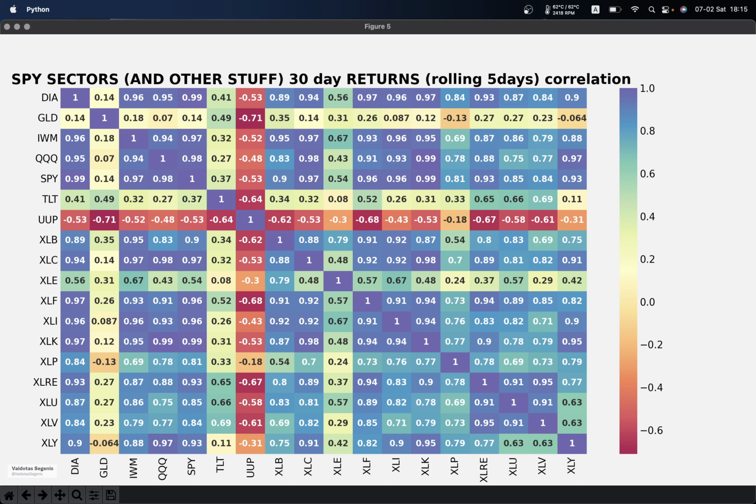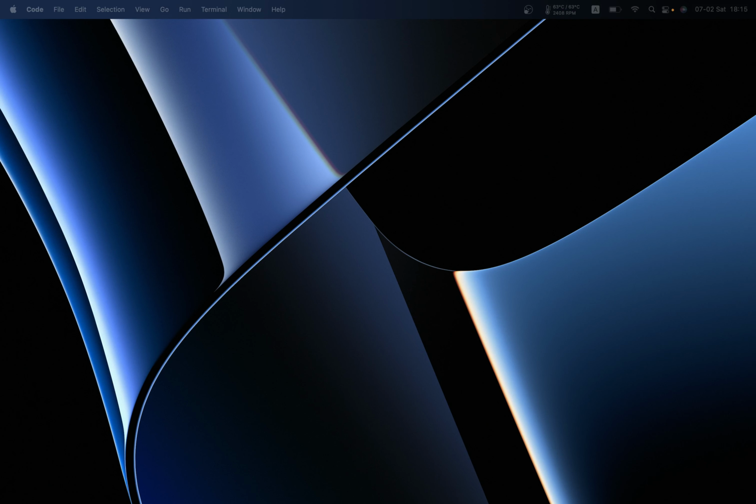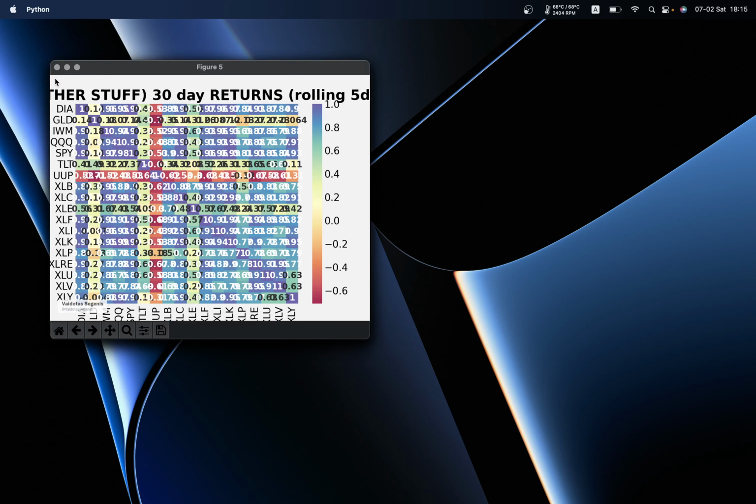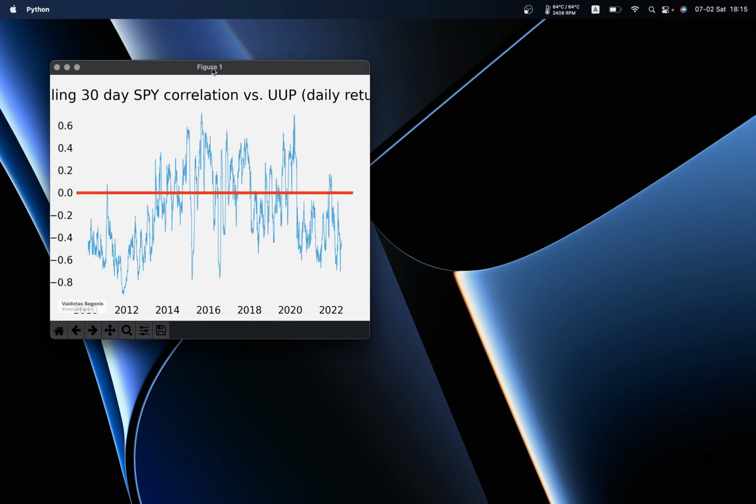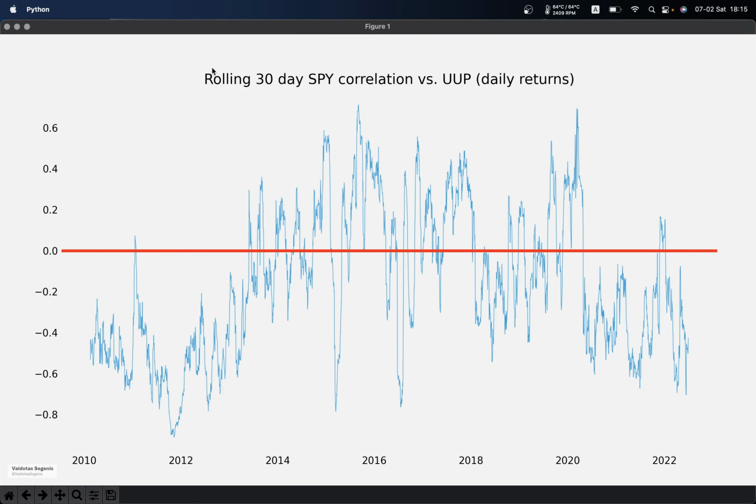Okay, as promised, now I will show you a chart of SPY and UUP correlations, because I think this one is interesting and maybe it will help you understand the signal more clearly. I just ran the same script again. So here we are.